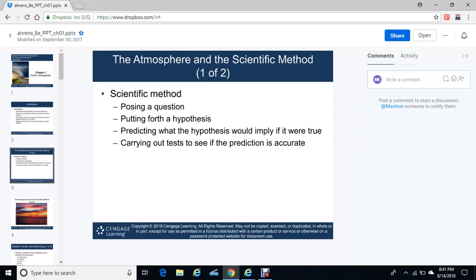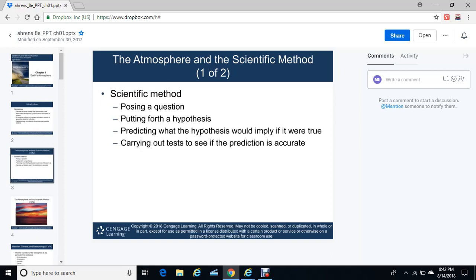So we use the scientific method quite a bit when dealing with the atmosphere, especially with the weather. You see this put in motion when the TV meteorologist puts up that forecast model for upcoming weather forecasts into the future.